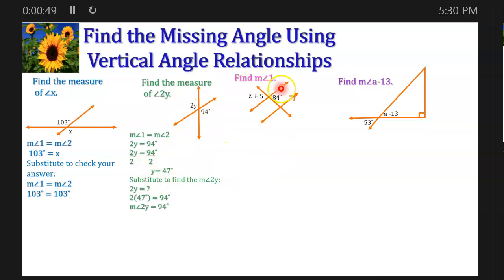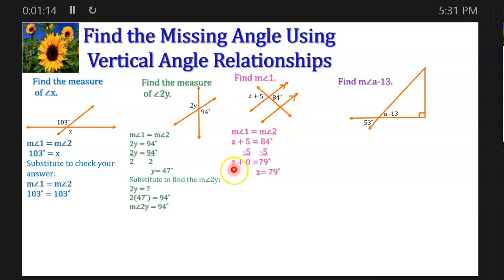Okay, let's look at the measure of angle 1. Now I'm just asking you to find the measure of angle 1. So we need to label angle 1 as z plus 5. So z plus 5 is equal to 84. Again, vertical angles have to be equal to one another, so this has to be equal to that.